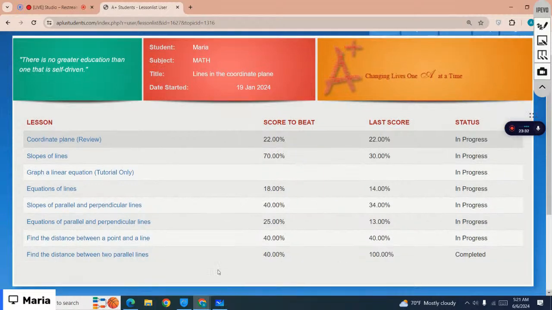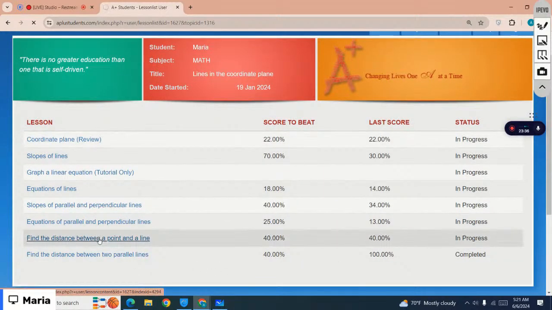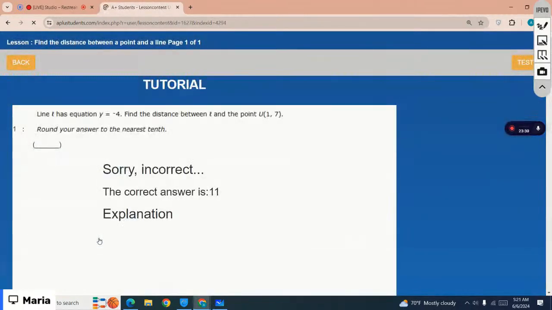The next lesson is find the distance between a point and a line. A line has equation y equals -4. Find the distance between the line and the point (1, 7).